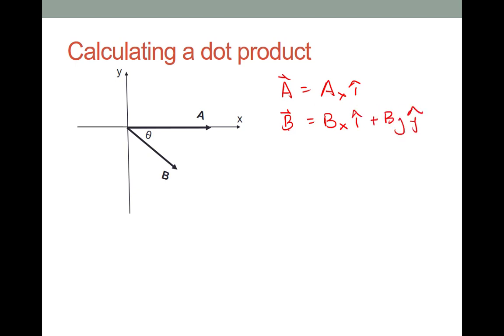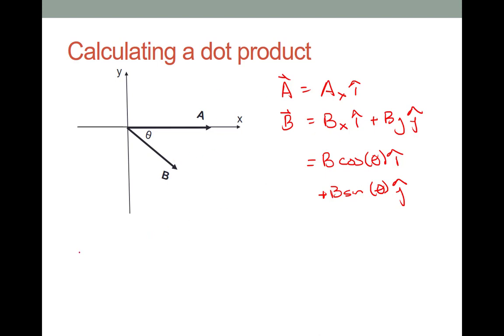Knowing the magnitude of B, I can find what these components are in terms of the angle theta. So that would be B cosine theta i hat plus B sine theta j hat, as I have it written and drawn here.